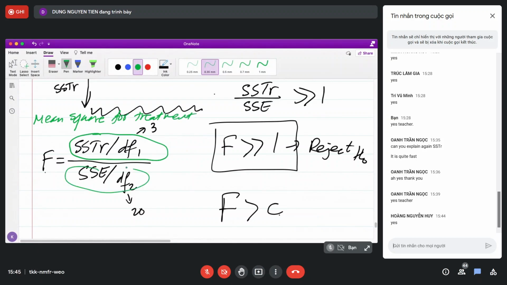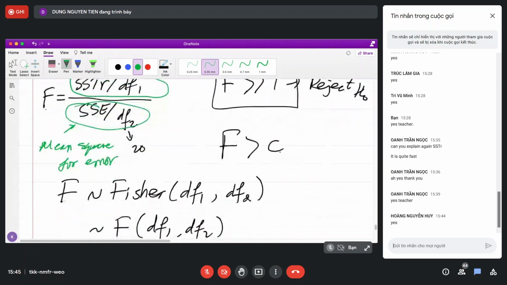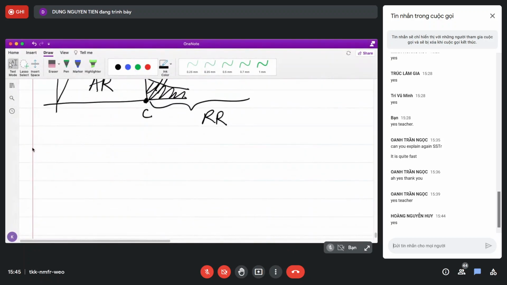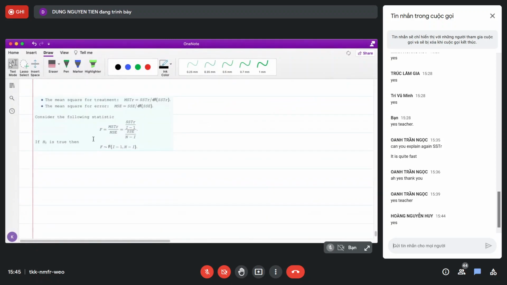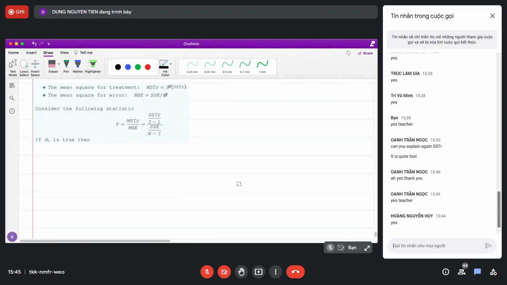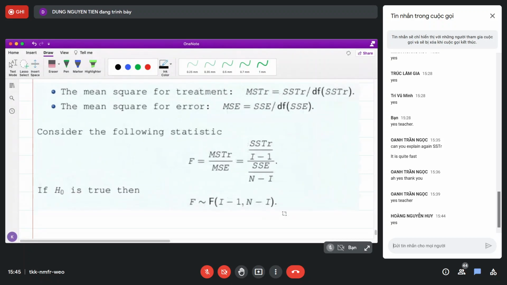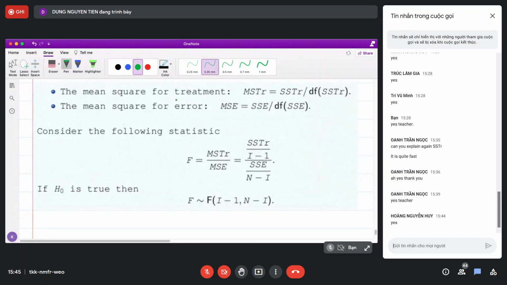And we call this one the error, the mean square for error. Okay, do you understand? And this is what you get. This is the mean square for treatment, and this is the mean square for error.